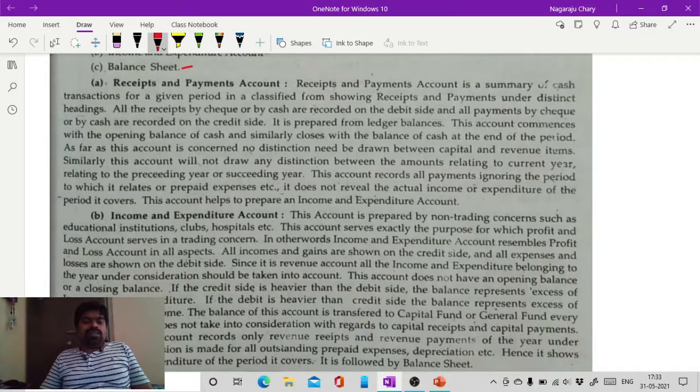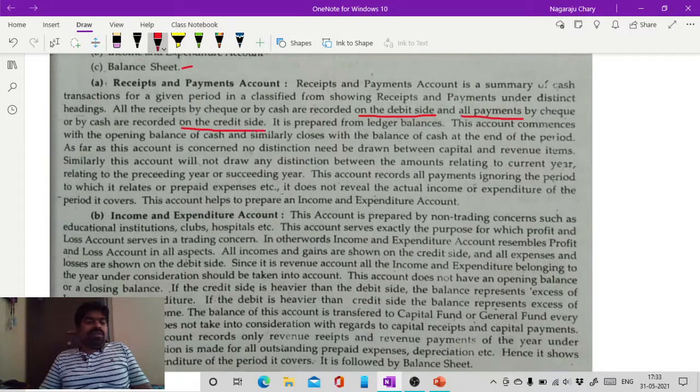Whatever receipts are received by the non-profit organization are recorded on the debit side, and all the payments are recorded on the credit side.